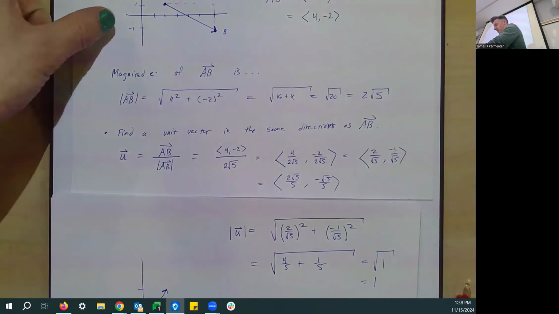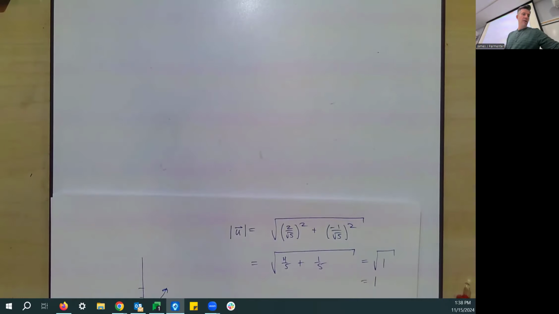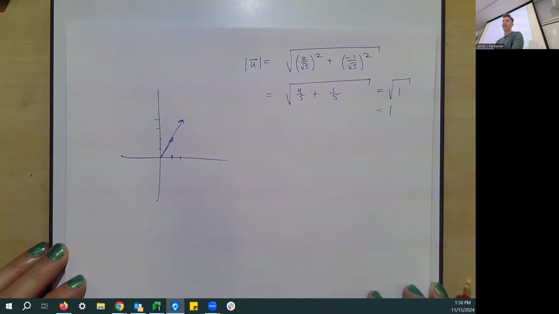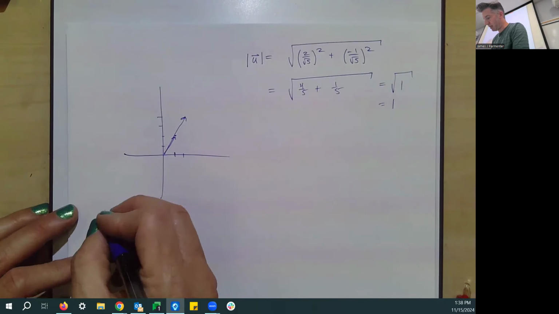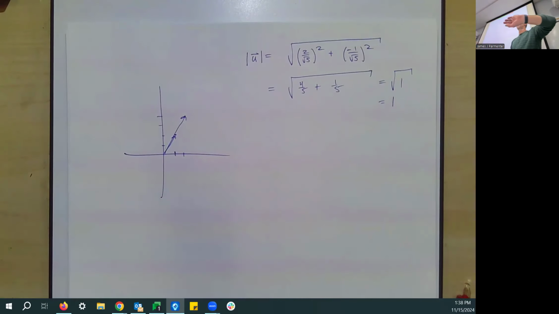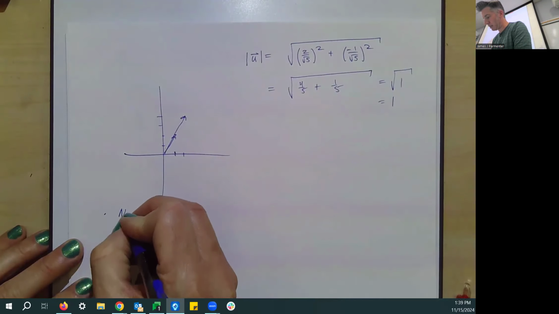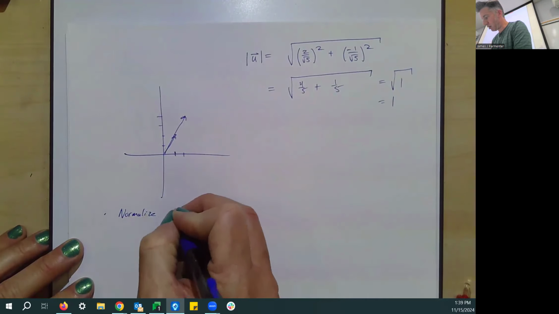This is a great time to share a fun trick. This is something I would highly recommend you remember. Another way to phrase this, instead of saying find the unit vector in the same direction as this vector, we might use the language of, say, normalize the vector.